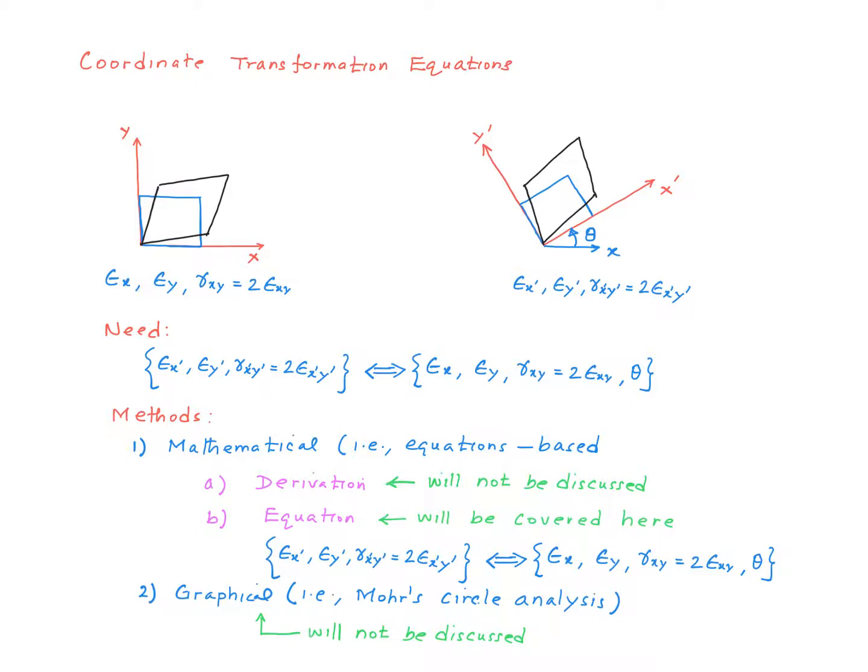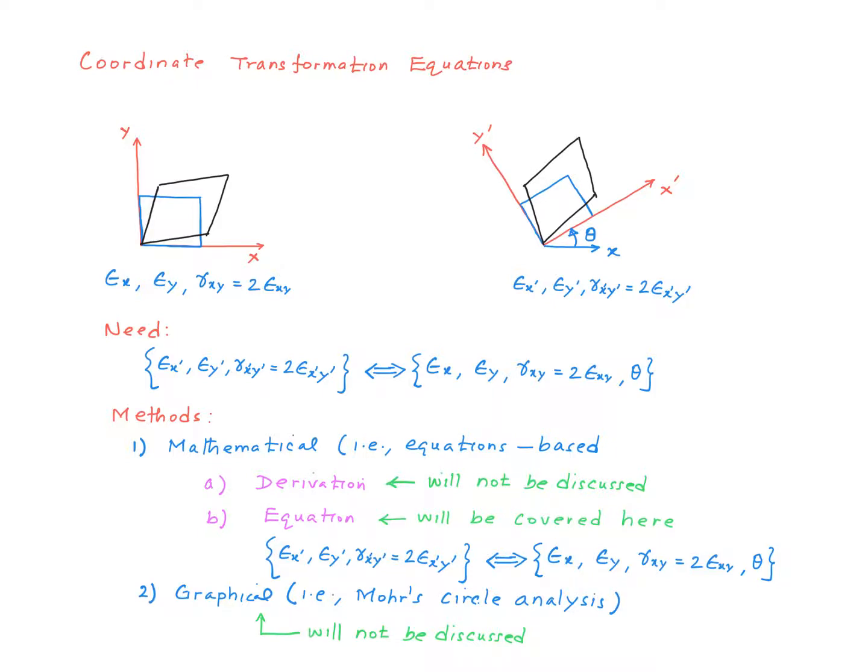If you recall what we did in stresses, there are two general approaches. This is true for the strains as well. The first one is the mathematical approach, where we derive equations between these quantities and these quantities. The second one is the graphical approach, and the specific approach we use is called Mohr circle analysis.